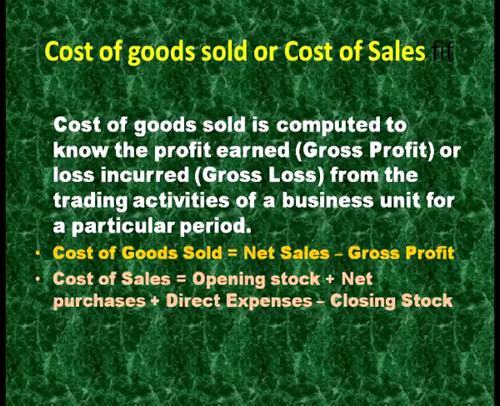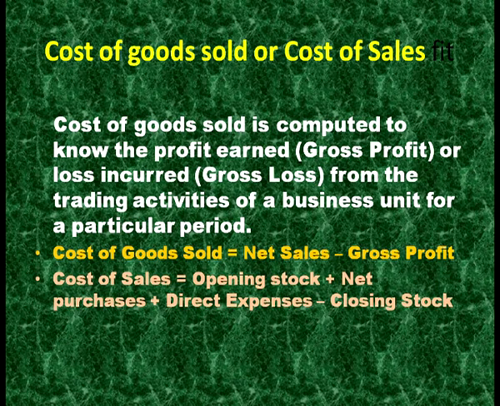Let's know more about cost of goods sold or cost of sales. Cost of goods sold is computed to know the profit earned from the trading activities of a business unit for a particular period. There are two formulas to find out cost of goods sold. The first one is cost of goods sold is equal to net sales minus gross profit.